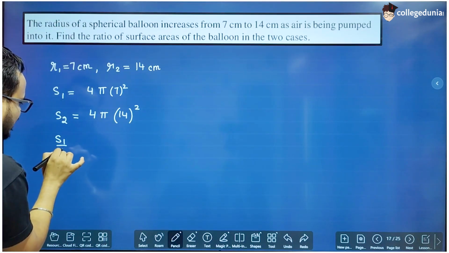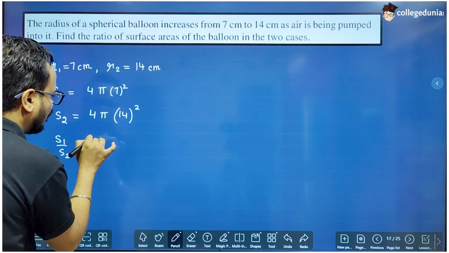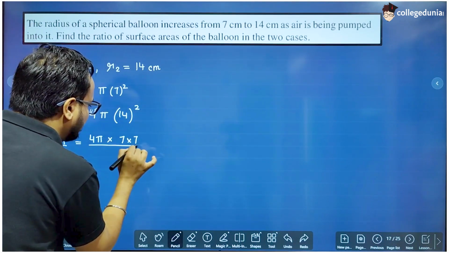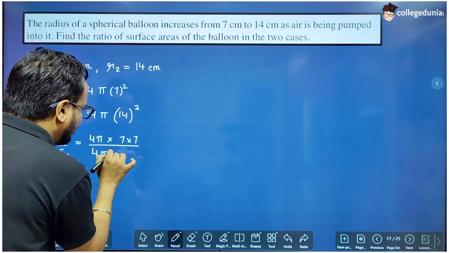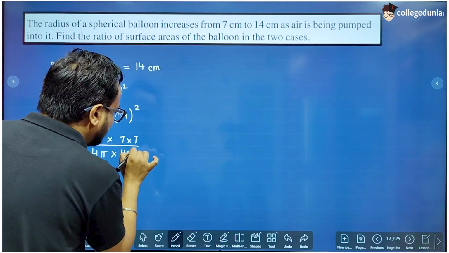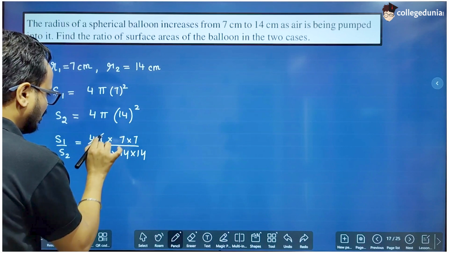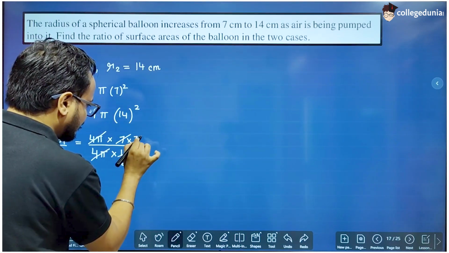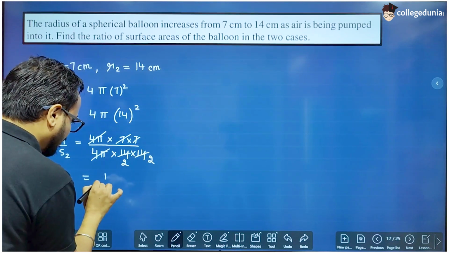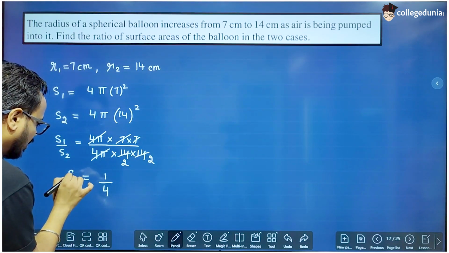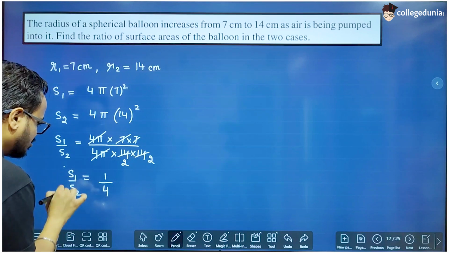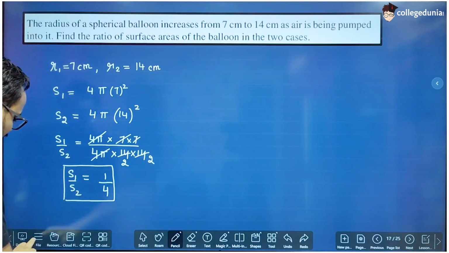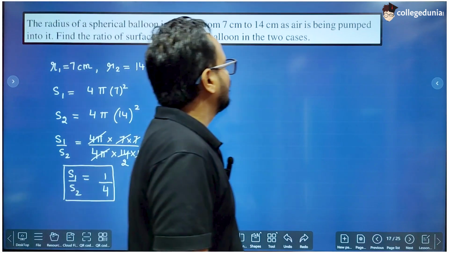So the ratio is S1 by S2, that is 4 pi 7 into 7 divided by 4 pi 14 into 14. S1 by S2 is 1 by 4. So the ratio is 1 by 4 that we had to find.